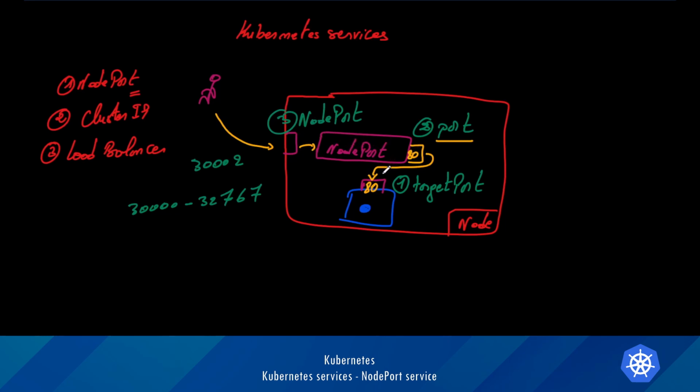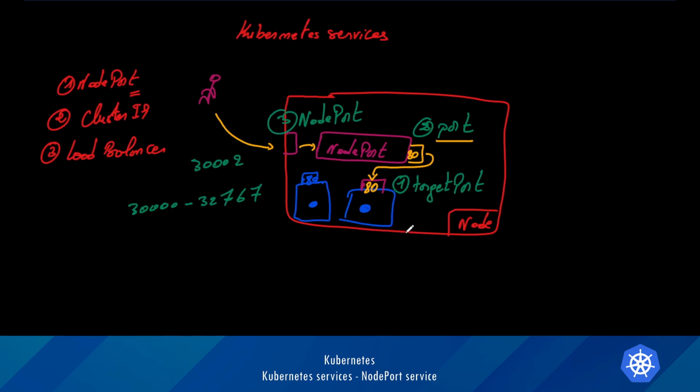Here we may ask a question: how does the NodePort service know the pods where it should forward the traffic to? Maybe here we have many pods with the same port on this worker node. In a situation like that, how will the NodePort service choose the pod that should handle the coming request?